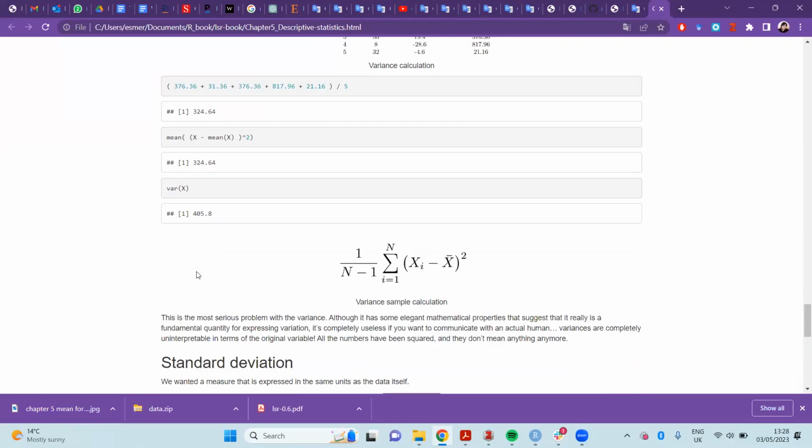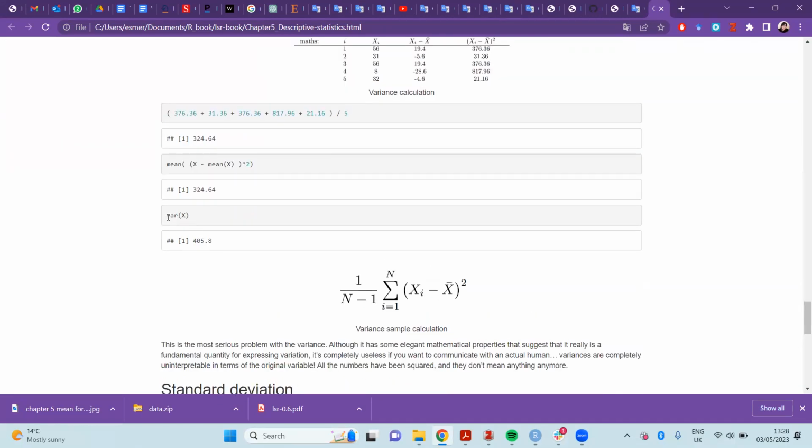Something important is that for calculating the variance and the standard deviation, by default R, rather than dividing by the number of observations, divides by the number of observations less 1, which is a formula for samples rather than populations.